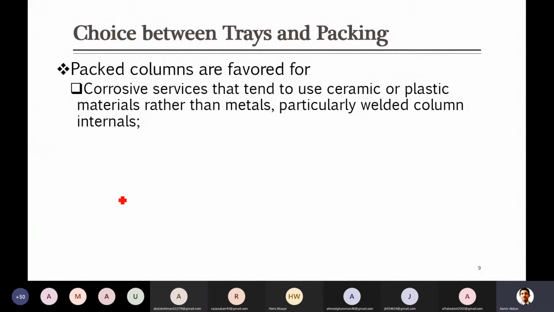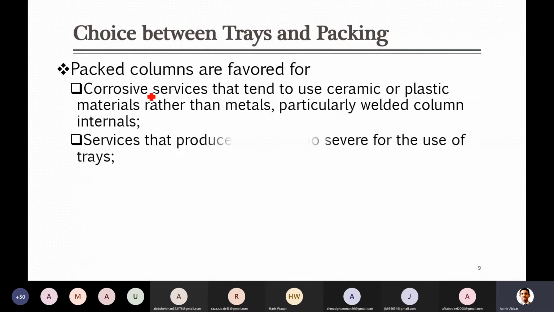So in this case, as I said, when we favor one, the opposite is not good. First of all, the trays in these tray towers are made of metal. So either you have to prepare them with some anti-corrosive material, which will make it highly expensive, or, as compared to that, it is better to go for a packed tower, and inside the packed tower, because you have more than one option, you can use such packing.